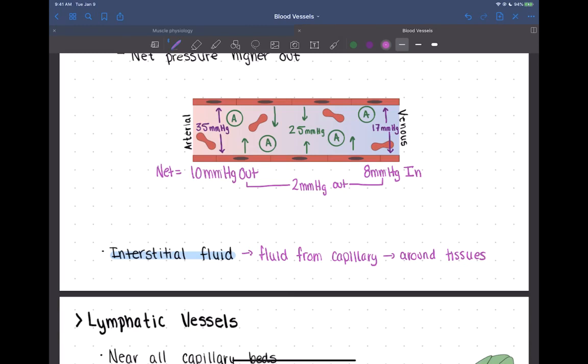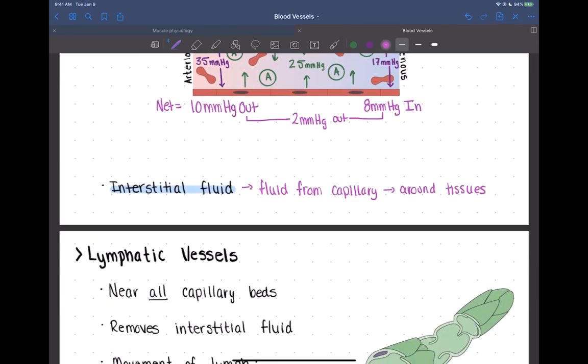Okay. All right, and that's because the hydrostatic pressure on the arterial end is higher than that osmotic pressure. Okay, and so you should be familiar with and understand that concept and why we end up with this interstitial fluid. Okay, so let's talk about what happens with this interstitial fluid.